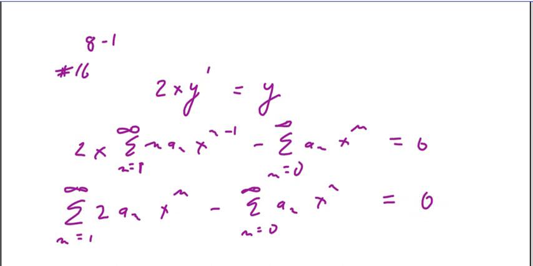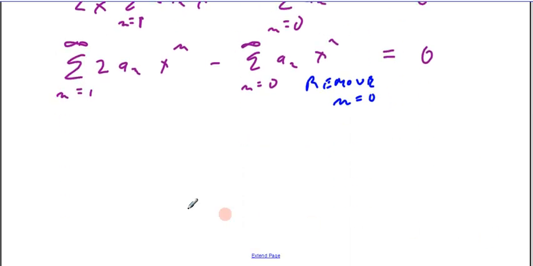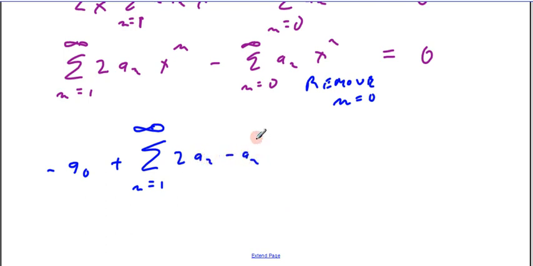We remove the n equals 0 term so that we can have a summation starting at n equals 1. So the n equals 0 term is minus a0, plus summation n equals 1 to infinity of (2n a_n minus a_n) x^n is equal to 0.